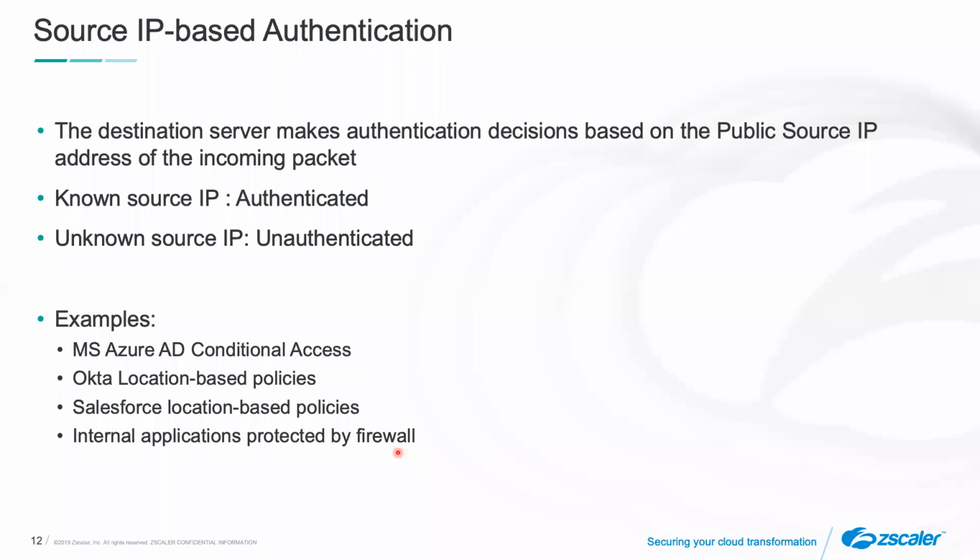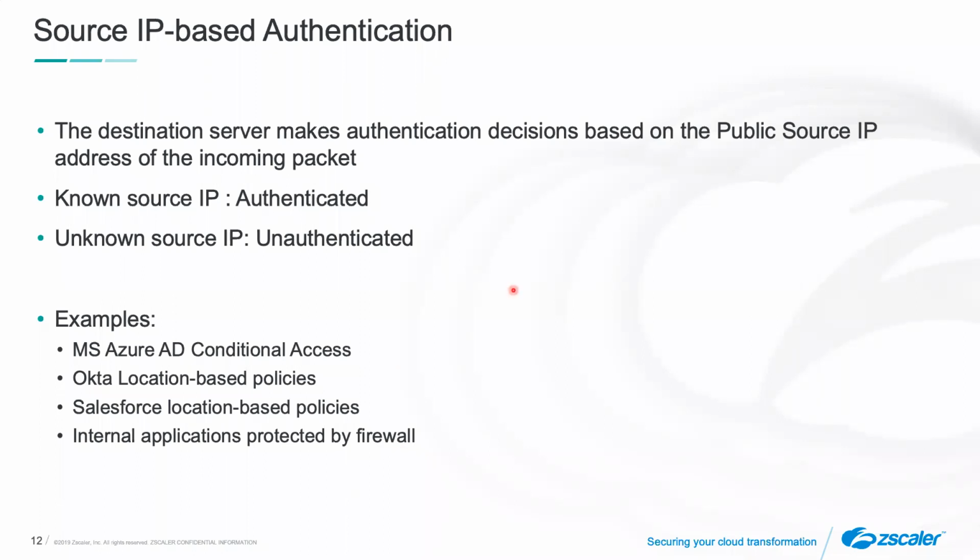So it is likely that you might be using source IP authentication already in your organization by simply applying inbound firewall rules that only allow traffic from certain source IP addresses. So these are some examples of source IP authentication being used out there.